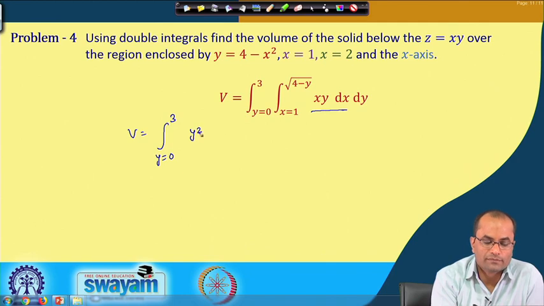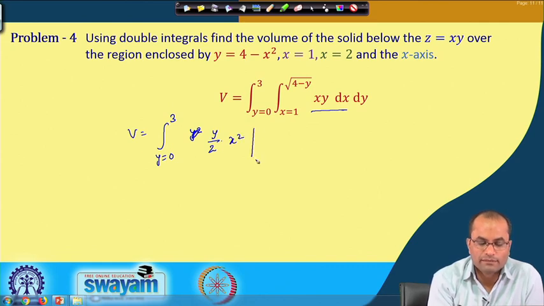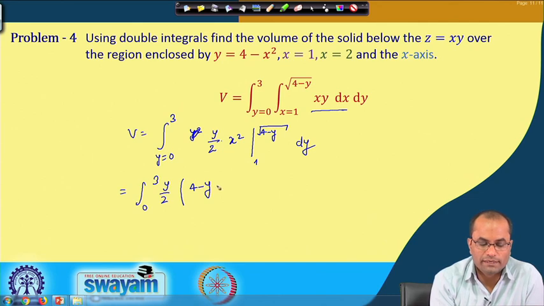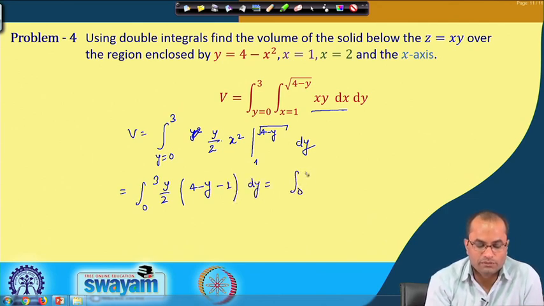So, this is y, and by 2, and we have x square, with these limits from 1 to square root 4 minus y, and the outer integral is over y, from 0 to 3, of y by 2 times x square. So, here x square gives 4 minus y minus 1, dy, from 0 to 3.